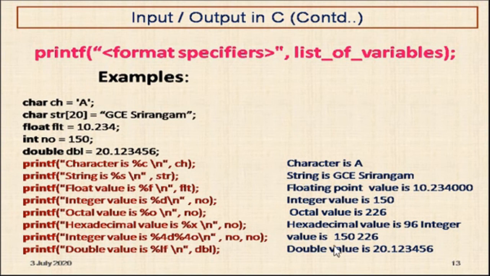As you can see here, the space is there because for numeric values the justification is right justification. For characters or strings, it will be left justified. So here it is a numeric value, so right justification is followed. That is why the number is displayed in 4-digit form: first space, then 150.